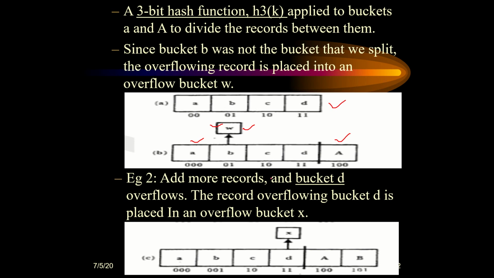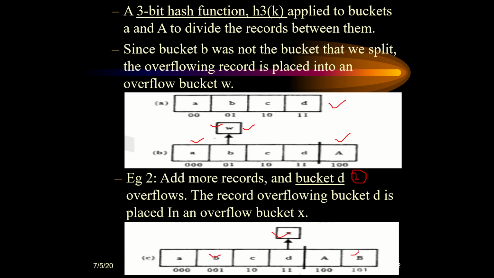For the second overflow condition, in bucket D, we have just extended bucket A, so the next chance comes to bucket B. Even though bucket D has the overflow, the next one to be divided is bucket B. So bucket B is divided and shares the overflow records of X within B and B.